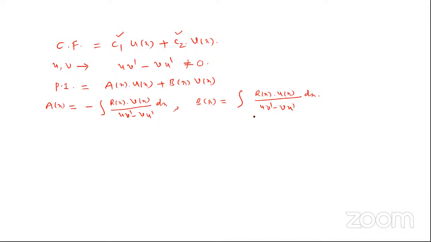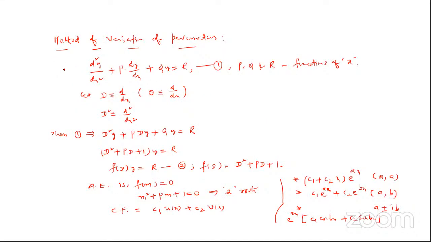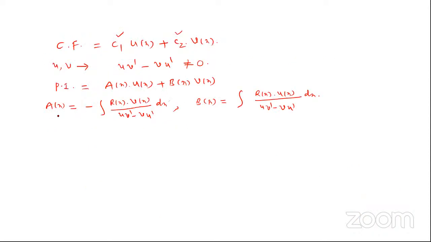Please remember once again: after converting any given differential equation into the standard form, d square y by dx square plus p into dy by dx plus q into y equal to r, we know r as a function of x, so while computing a of x we require capital R. After knowing the corresponding complementary function, u is known and v is known.